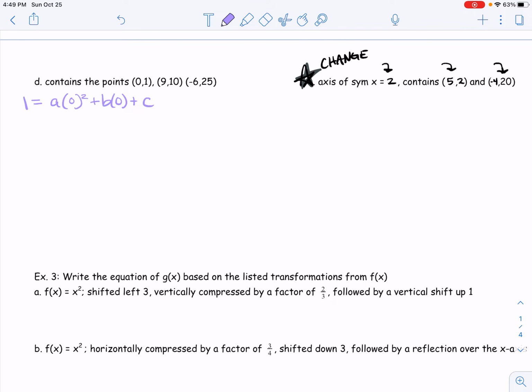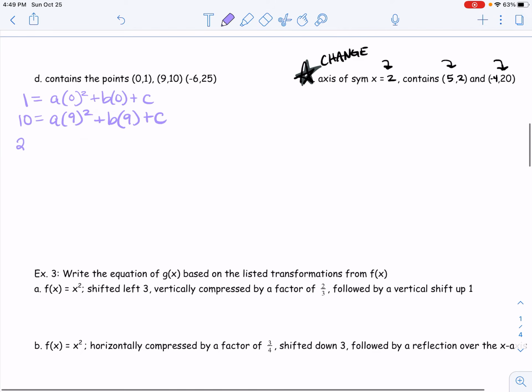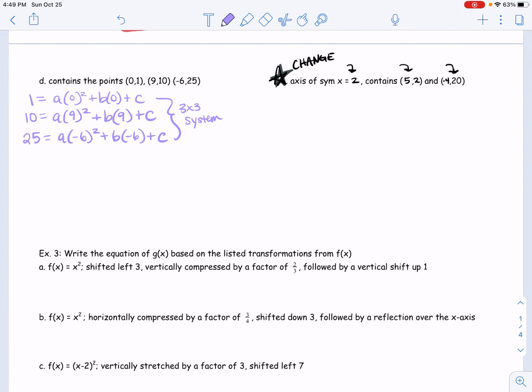Okay, let's go to the second one. y equals ax squared plus bx plus c. Third one, y equals ax squared plus bx plus c. This is our 3 by 3 system, okay? So we are going to solve this.